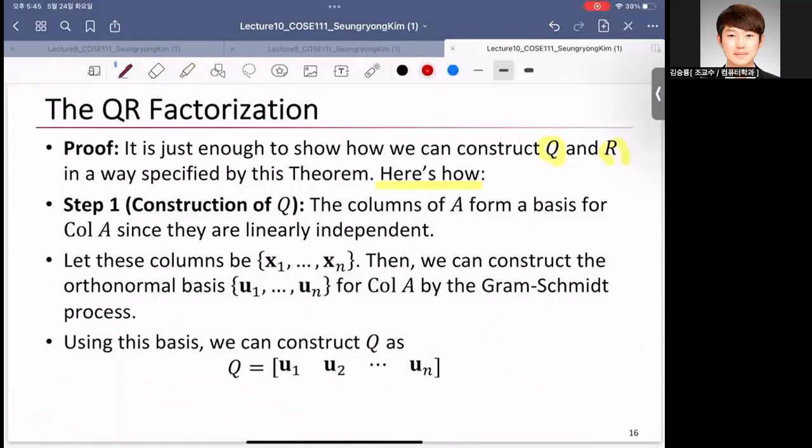So let's assume we have a matrix A consisting of the column vectors x1, x2, up to xn.